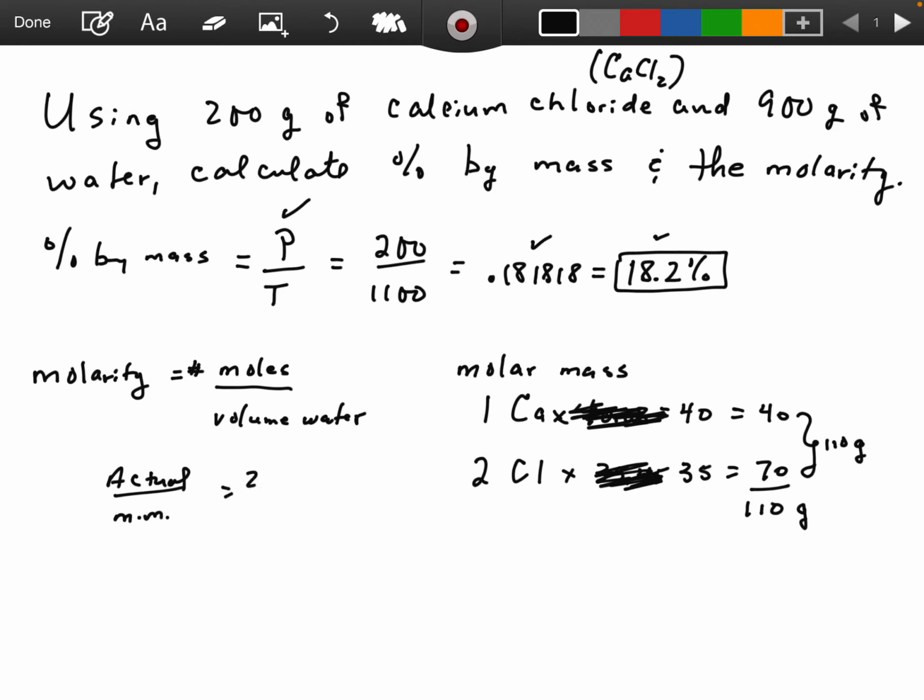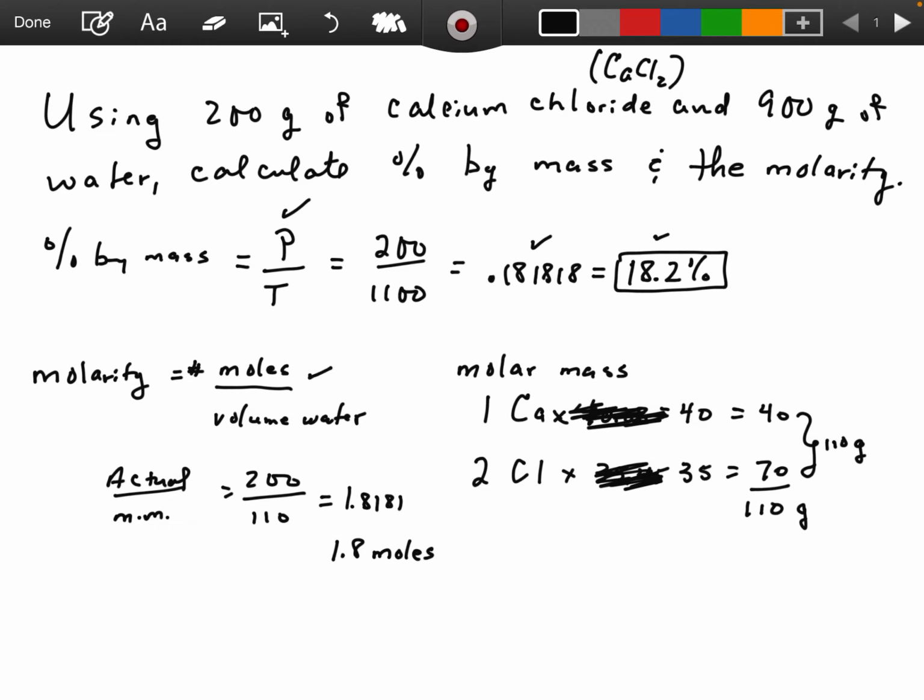And so that's 200 divided by 110. 200 divided by 110 is 1.8181. When you do the rounding on these things, you might have a number greater than 1, you might have a number less than 1. Try to have at least 2 digits in it. So 1.8, and that is the number of moles.